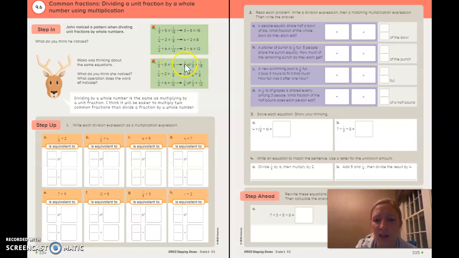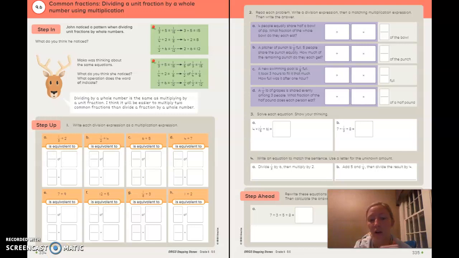And she said, hey, I know that 1/5 of 1/3 equals 1/15, because 1 times 1 equals 1, and 5 times 3 equals 15. Okay, same for 1/4 divided by 2 equals 1/8. She noticed that 1/2, so she put 2 over 1, times 1/4 equals 1/8.